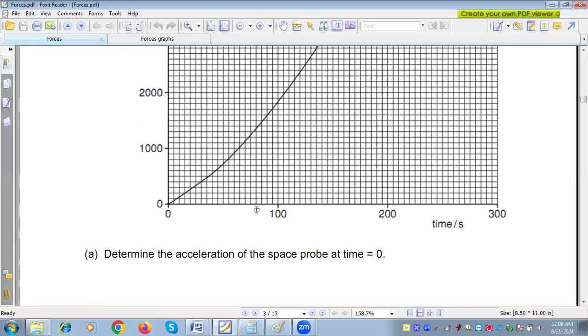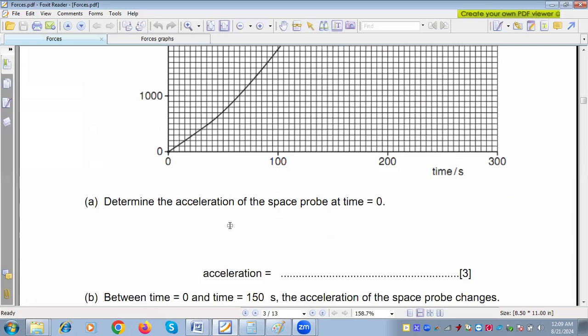Only up to there, you can see the graph is a straight line. The graph goes up to 100 seconds, so the middle is 50. Two small divisions are 10.